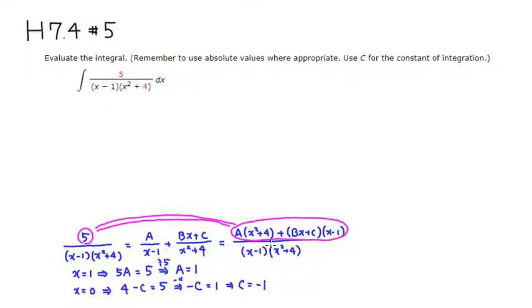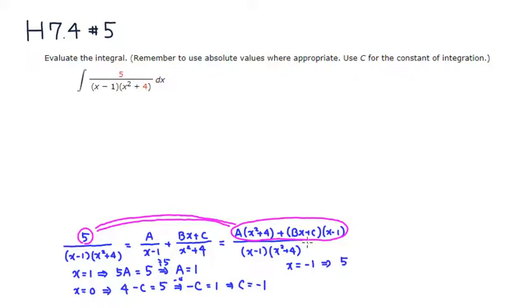Then we can just try another nice number. We can try 2, or negative 1 or something like that. I'll try x equals negative 1. If you plug in negative 1 here, negative 1 squared is 1 plus 4, so it's 5A, but A is 1, so I'm just going to put 5.